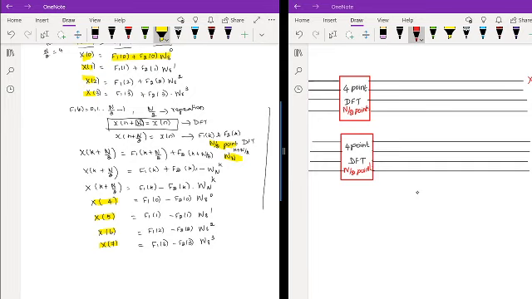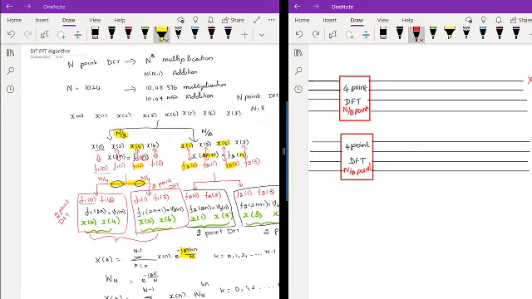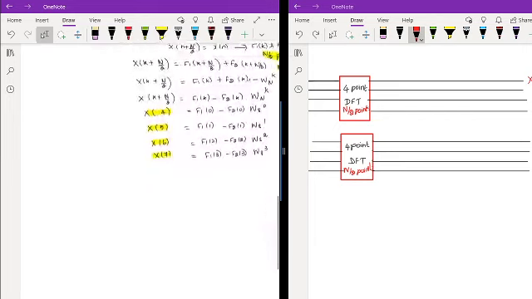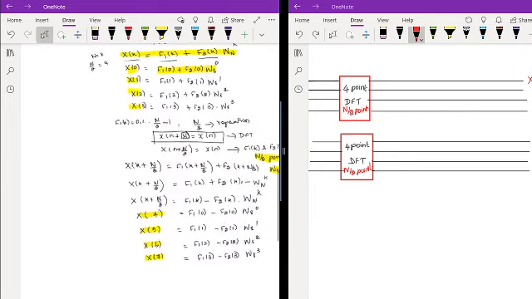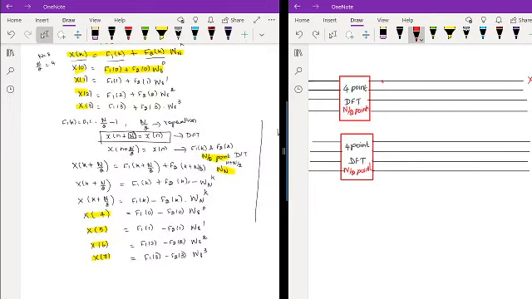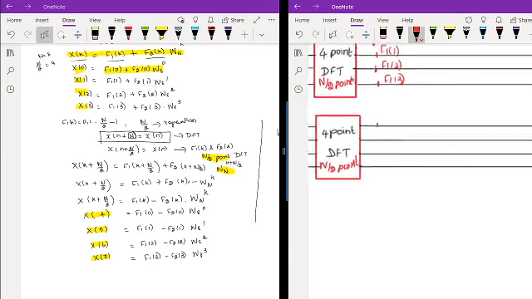The first one is f1 of 0, f1 of 1, f1 of 2 and f1 of 3. So that is the first 4 point, and I'm going to draw the second 4 point.